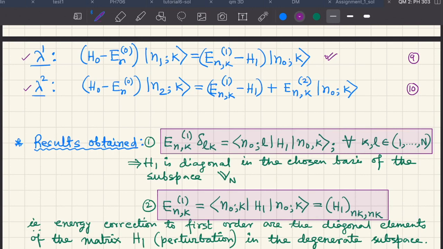Firstly, you can see that H1 must be diagonal in the chosen basis for this degenerate subspace Vn. That is the first important result which I have written here, which we have shown in the previous class. And secondly, you follow the same step and show what is the value of your first order energy shift, that also we had calculated.